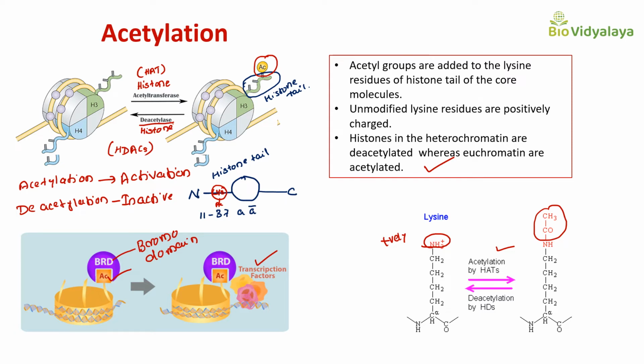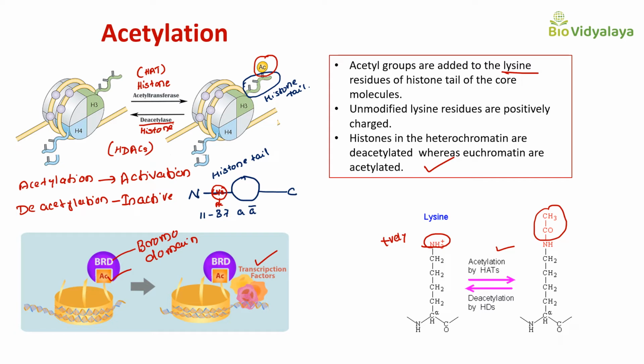So you have to remember that acetyl groups are added to lysine residue of histone tail of the core molecule. Unmodified lysine residues are positively charged, and acetylation leads to neutralization of the charge. So what will happen? It will result in the weaker histone DNA interaction. And histones in the heterochromatins are deacetylated, whereas euchromatins are acetylated.